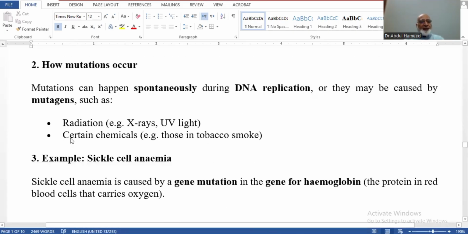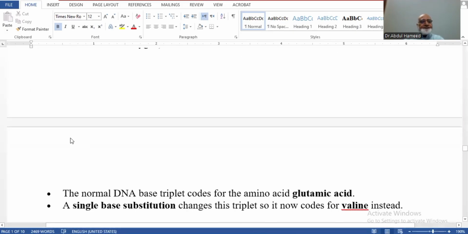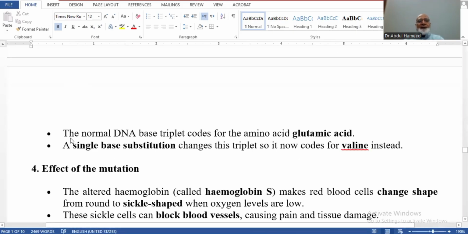Example, sickle cell anemia. Sickle cell anemia is caused by a gene mutation in the gene for hemoglobin, the protein in red blood cells that carries oxygen. The normal DNA base triplet codes for the amino acid glutamic acid, but a single base substitution, meaning the replacement of one nucleotide with another, changes its triplet.